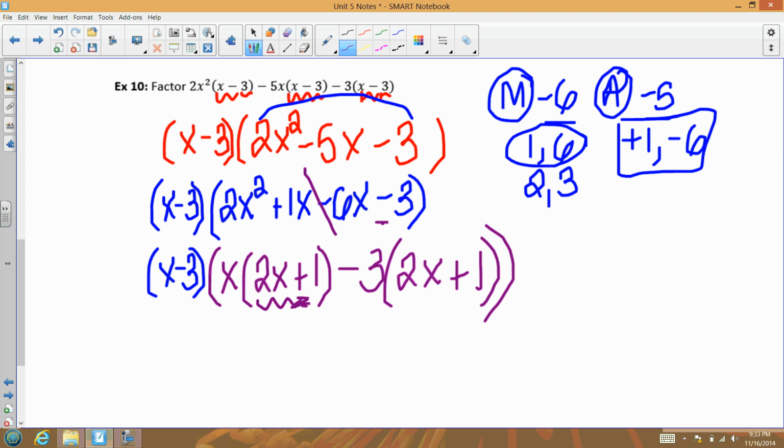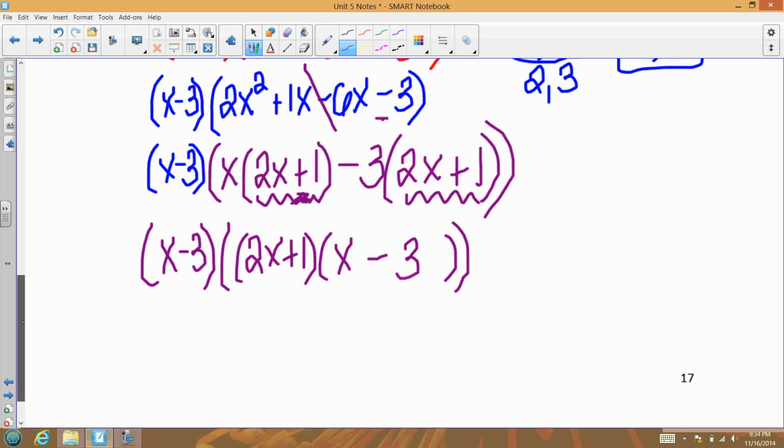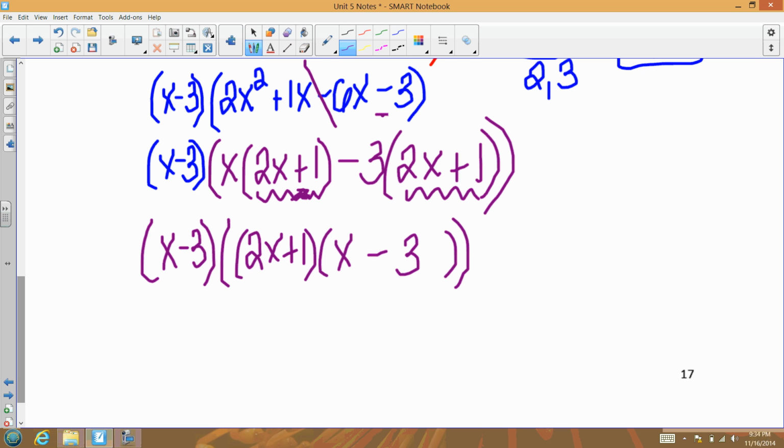So now I can factor out this piece here. So I just carry down the rest, x minus 3. So I have a 2x plus 1. So I have x minus 3 left when I factor out 2x plus 1. And notice I have these extra parentheses. I don't really need those extra parentheses here.